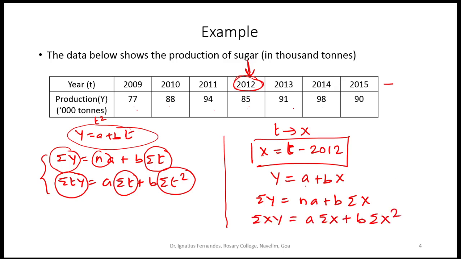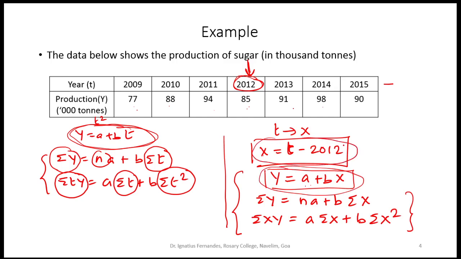Though originally the equation that we want to find out is this, for computational purposes the equations that we use are actually these normal equations. We will use them to find the values of a and b, and once I get this equation, I can always substitute x equal to t minus 2012 to get the original equation in terms of y and t. Okay, so let us proceed.